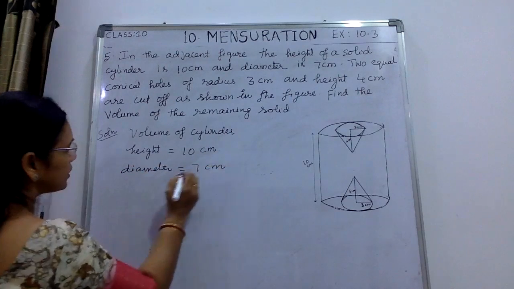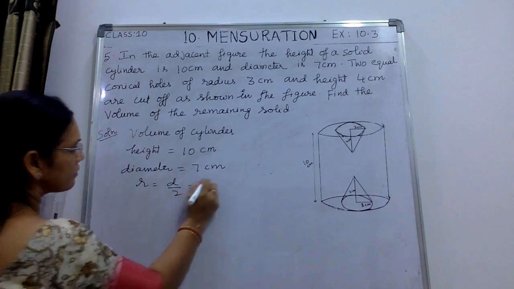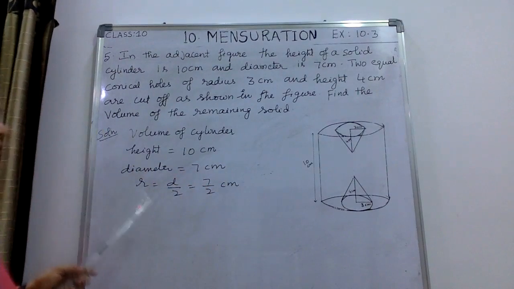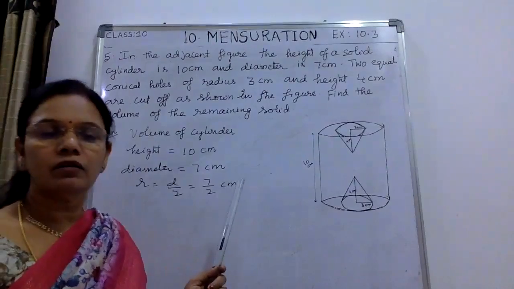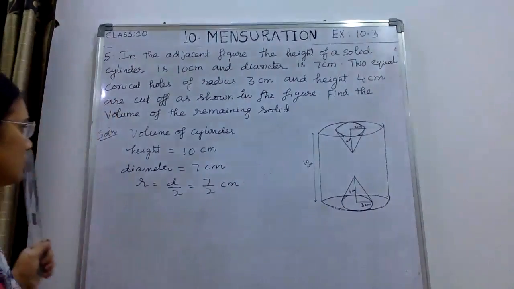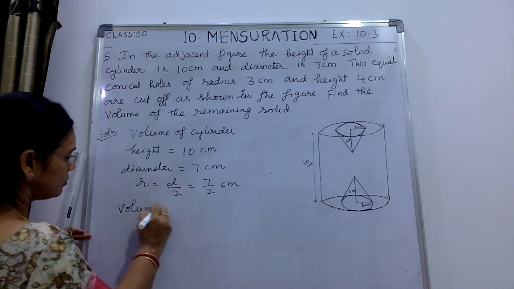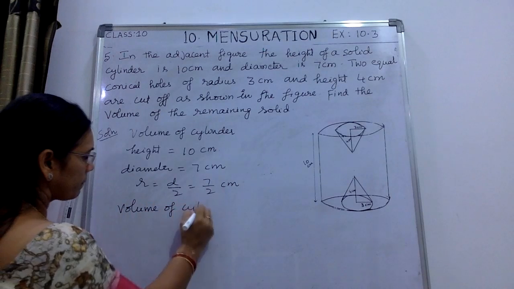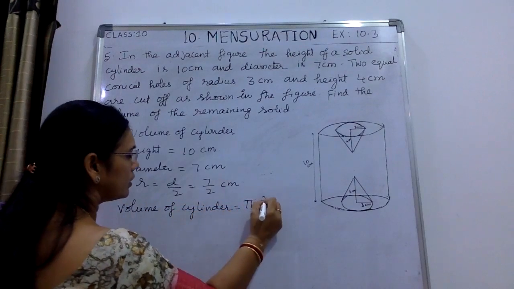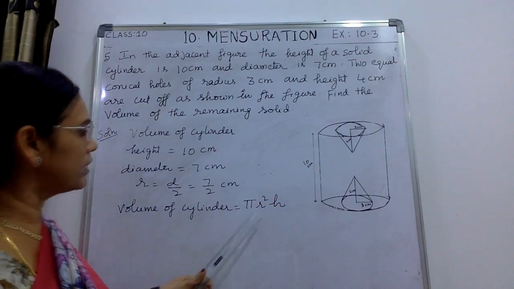So we need to find out the radius, that is d by 2, that is 7 by 2 centimeters. So we are well aware of the formula, volume of cylinder. What is that children? Volume of cylinder is equal to pi r square h.